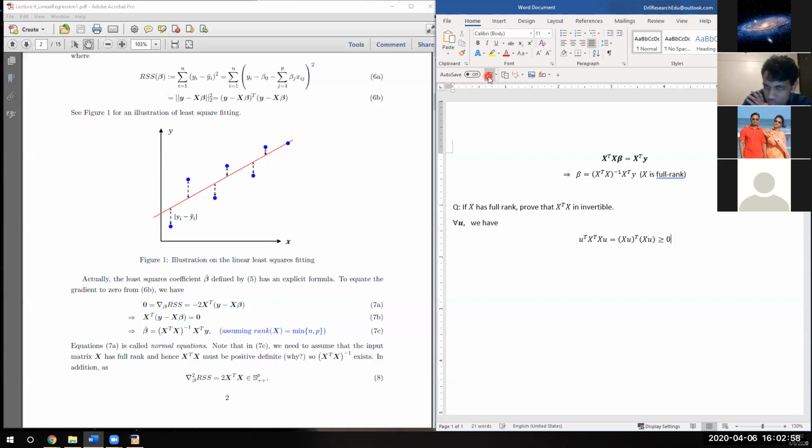But there's a problem, because I said it's PD. That's not enough. You want to say this is strictly greater than 0. Of course, if u is 0, it has to be 0, so I'm going to write u not equal to 0. If that's the case, then I must have this greater than 0. Why?